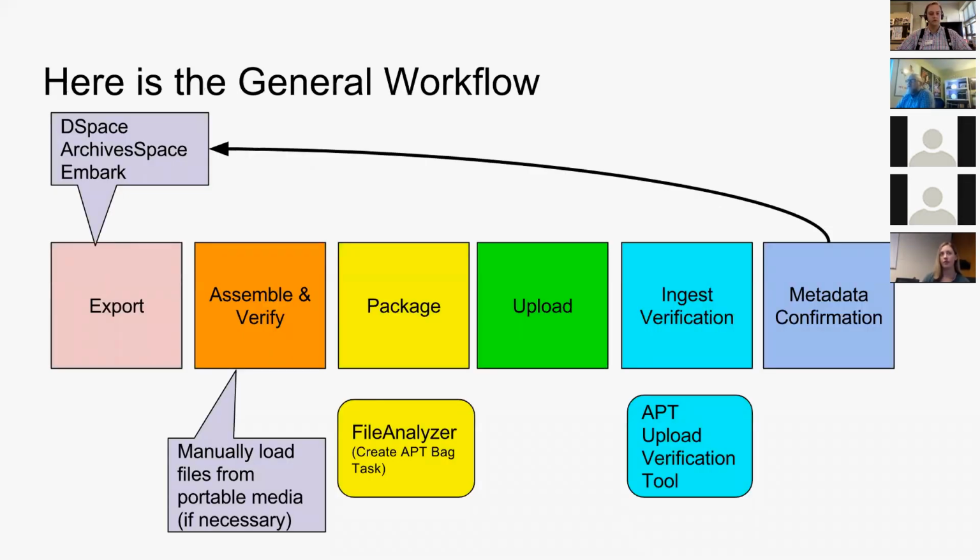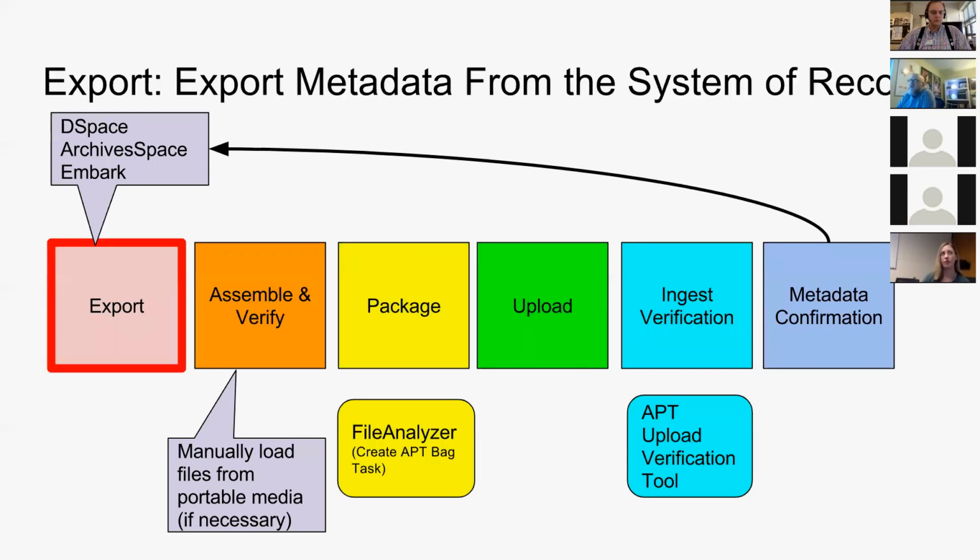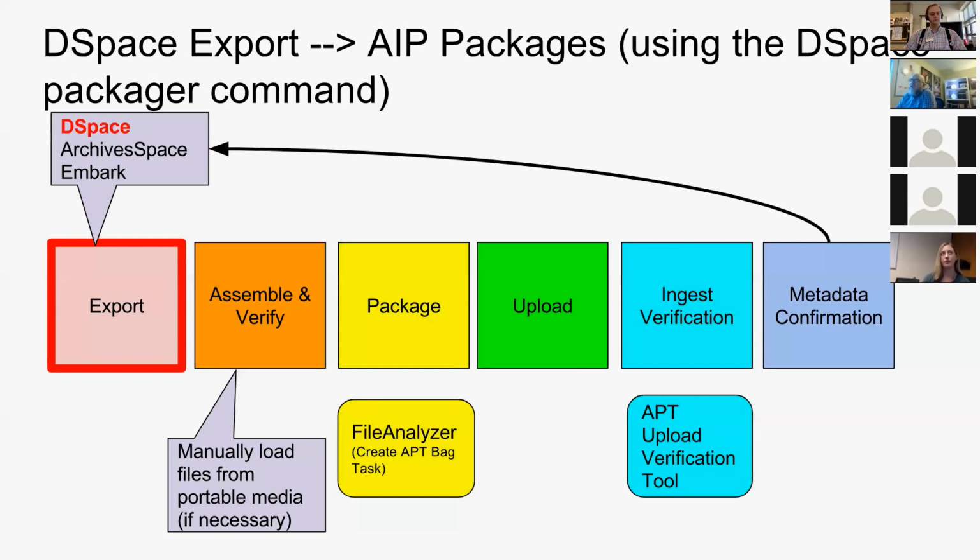All right, so here's the general workflow for our system, and we'll talk through each of the boxes on this diagram. So the first task we perform is we export content from one of our systems of record. In the case of DSpace, we export AIP packages using the DSpace packager command.